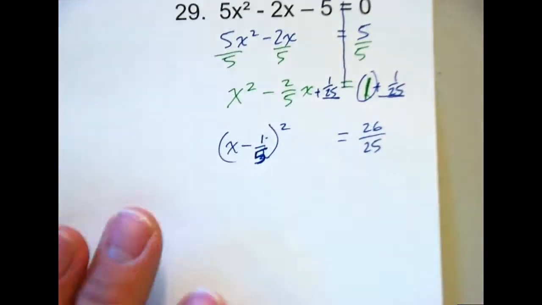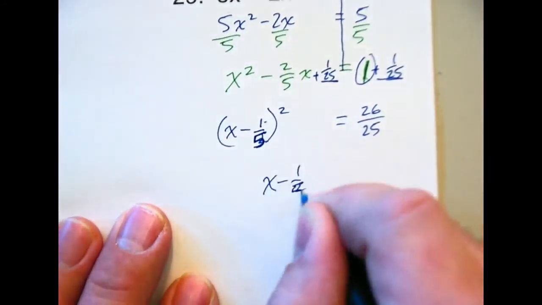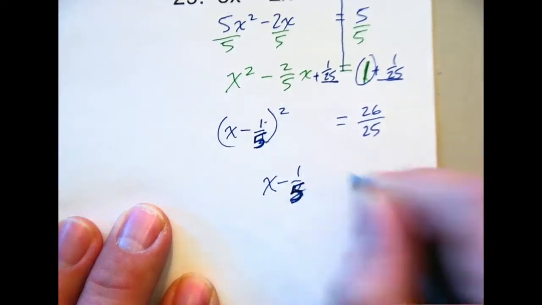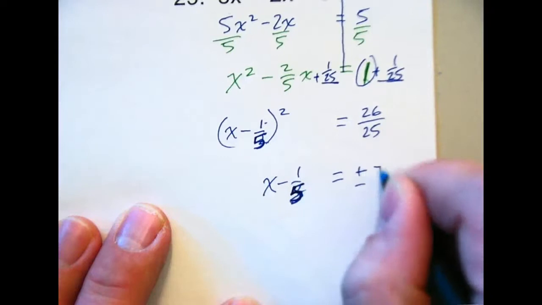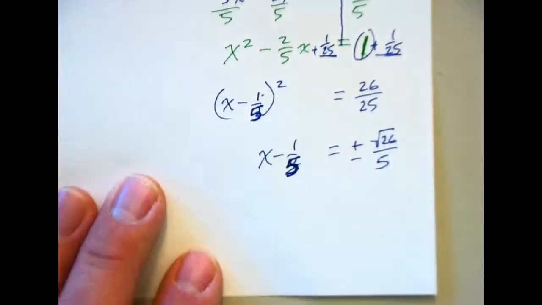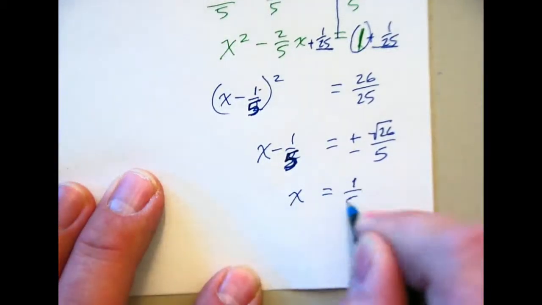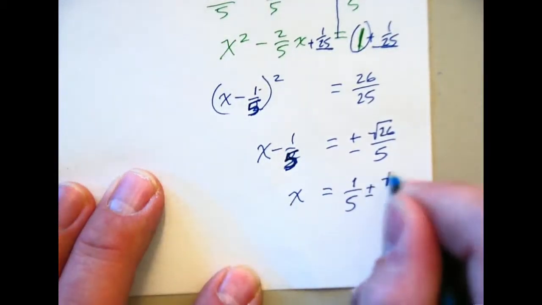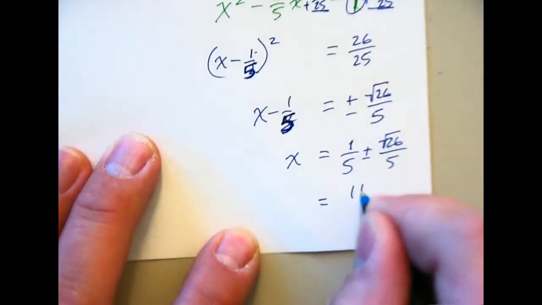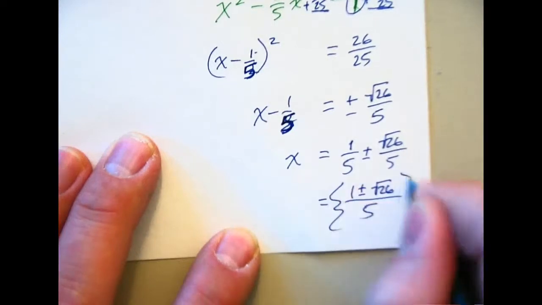Take the square root: x minus 1/5 is equal to plus or minus root 26 over root 25, or 5. Add 1/5. X equals 1/5 plus or minus... or x equals 1 plus or minus root 26, all over 5.